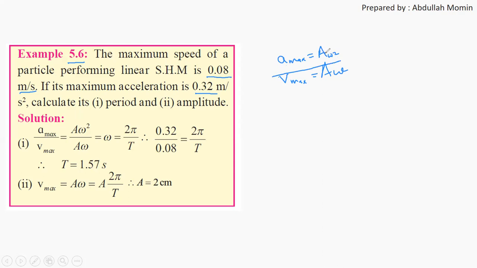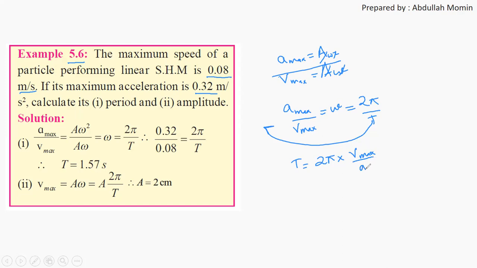While dividing these two equations, A and A get cancelled, omega and omega get cancelled. So we can write A max upon V max is equal to omega, and omega is nothing but 2 pi by capital T. So when T goes to the other side, we get T equals V max upon A max into 2 pi.